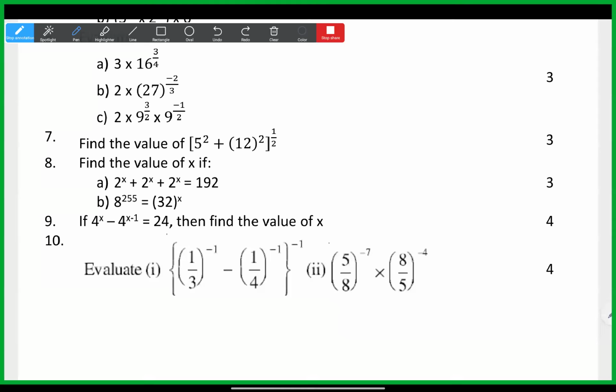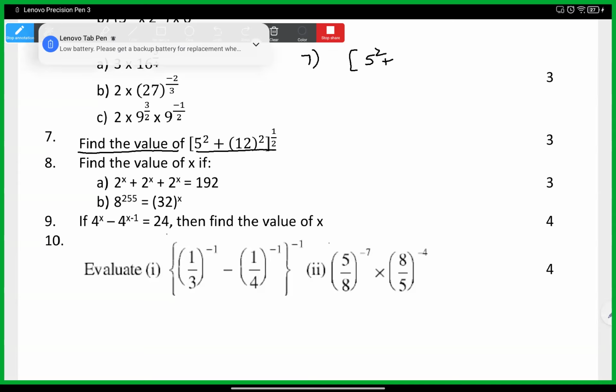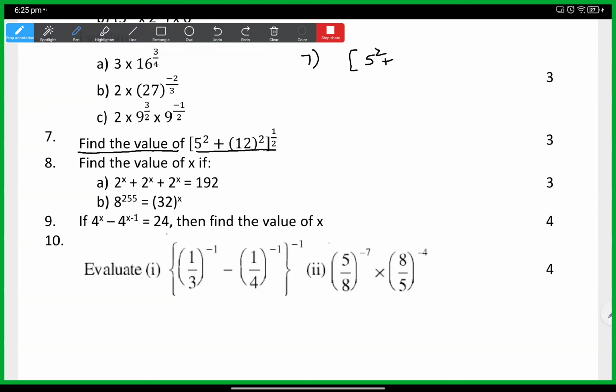Then, seventh question. Find the value of (5 square plus 12 square) whole power 1 by 2. So, 5 square plus 12 square whole power 1 by 2. What is 5 square? Sir, 25. 12 square?